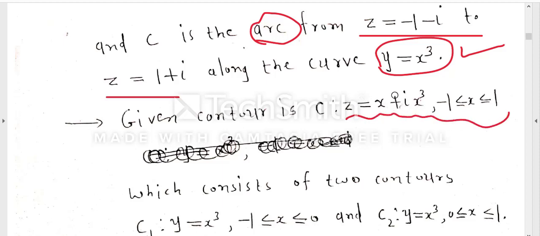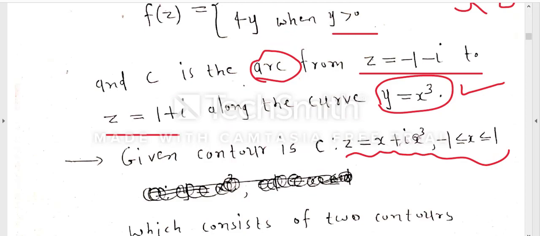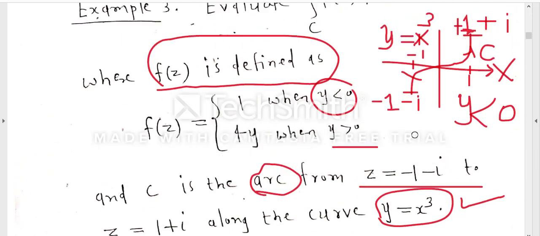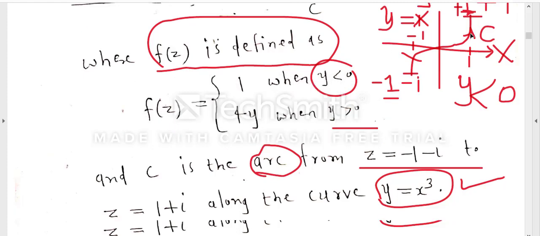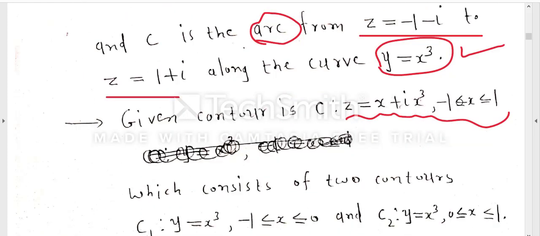This is the representation in terms of the x variable. z is x plus iy, and putting y equal to x cube, we write z equal to x plus i times x cube, and x runs from -1 to 1. You can see at this point the value of x is -1, and at this point the value of x is 1. So x is from -1 to 1.